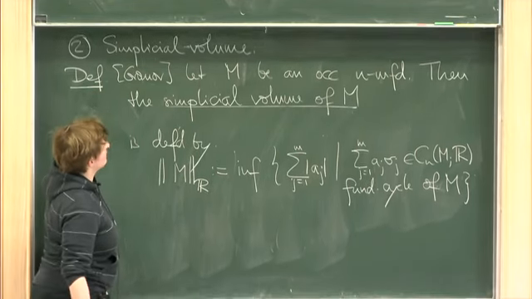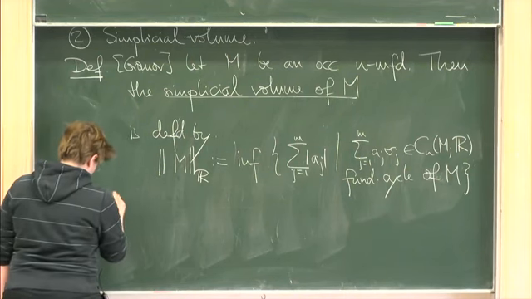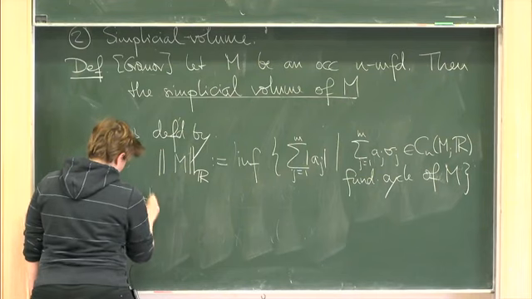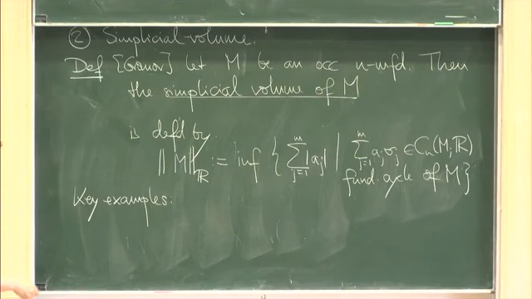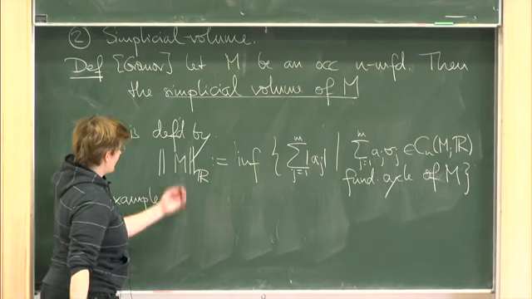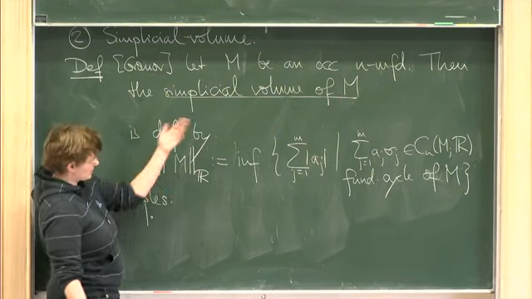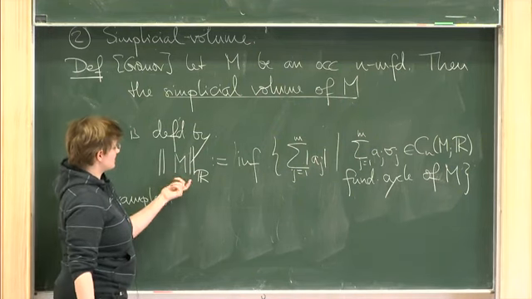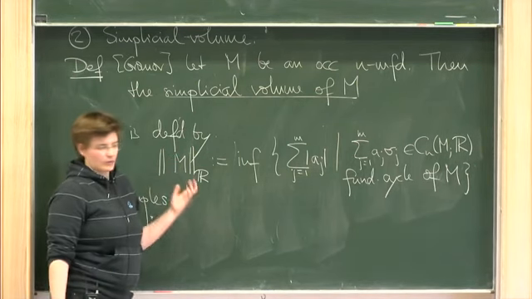And let me maybe mention some key examples. And one of the examples also already occurred, at least implicitly, in Roberto's talk, namely, if M happens to be a hyperbolic manifold, closed hyperbolic manifold, then this thing is positive, and even better, we more or less know exactly what it is.